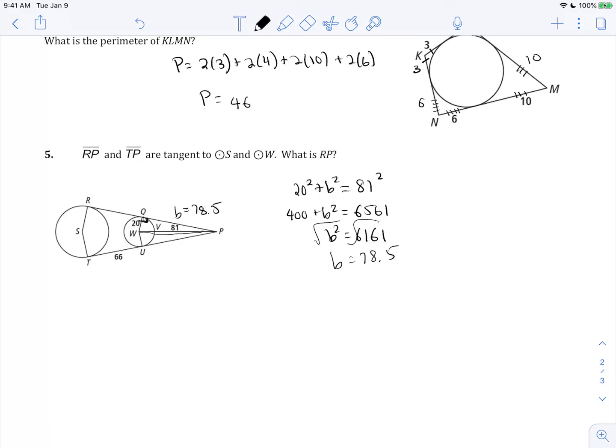Well, this total length would also be 78.5, right? Well, these total lengths are equal. So that means this is 66, right? So RP is 66 plus 78.5. And I get 144.5.